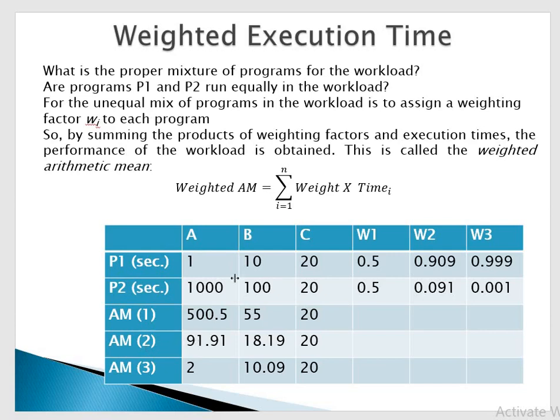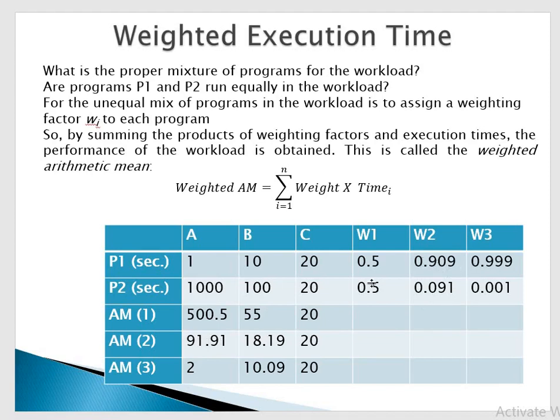It will be 0.909 into 1 plus 0.091 into 1000, so it will be 91.91.